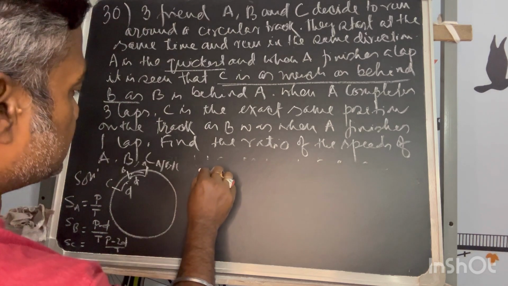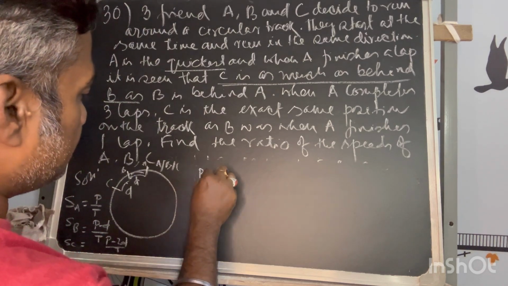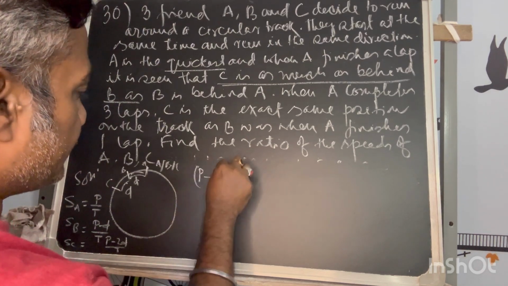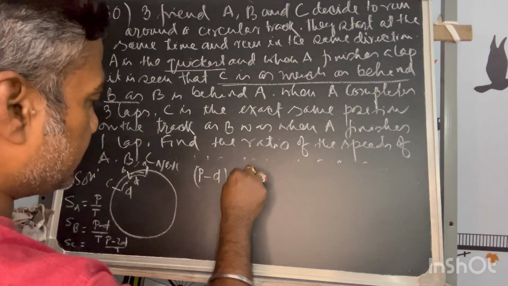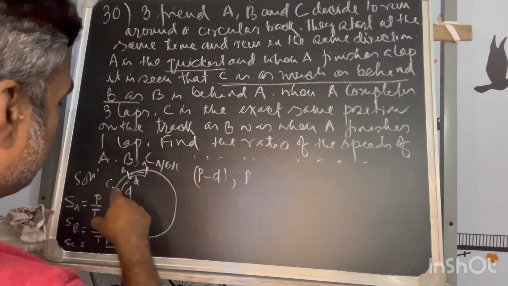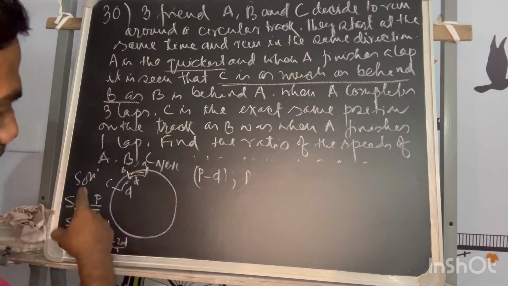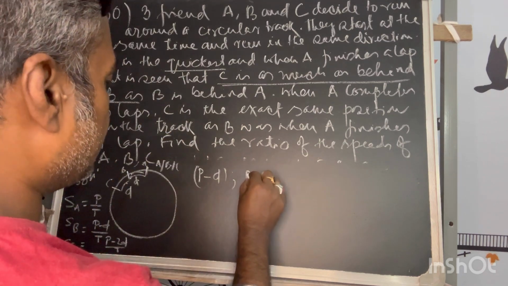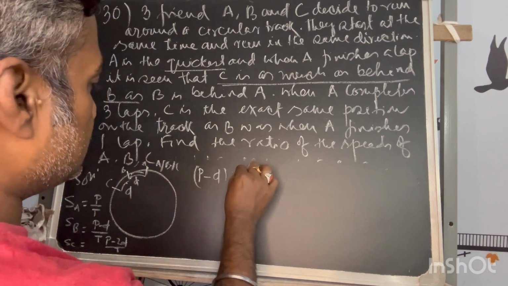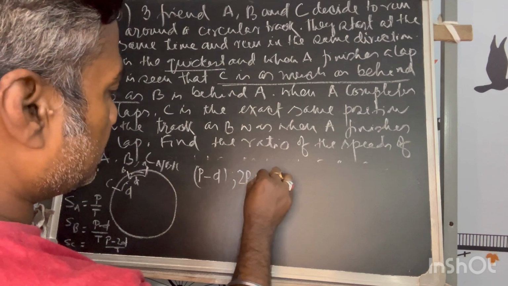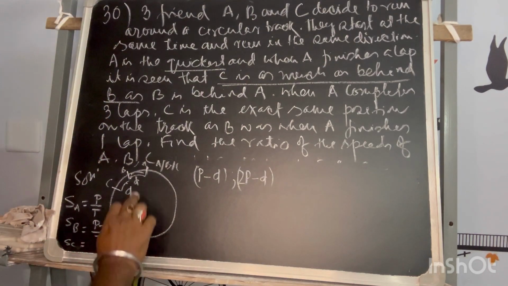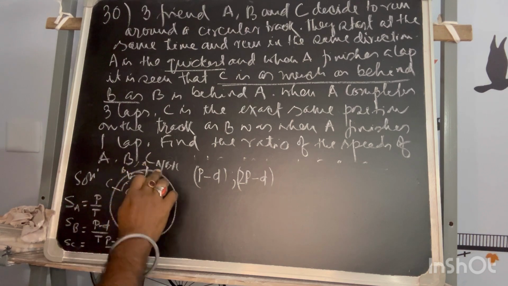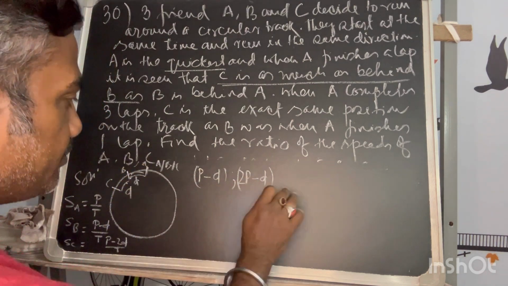So his position may be perimeter minus D, or he has made another lap and reached there, so this could be 2P minus D. This is also possible.